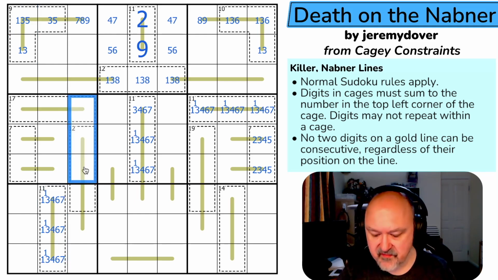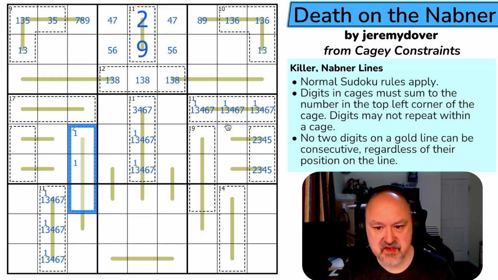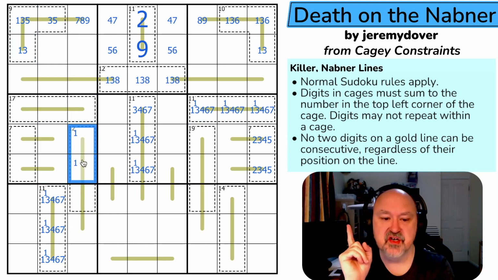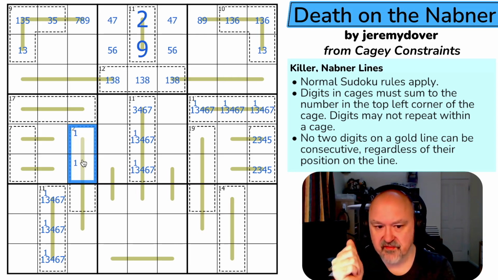So one is in one of these three, but one isn't here. One is in this 12 cage because of Sudoku. The one looking across here and this one looking down and this one looking up. One is in one of those. So the 12 cage, we know it can't be 1, 2, 9 because 1 and 2 can't be in the cage. But there's a lot of other options because I need 2 digits that sum to 11. There's 11s all over this place.